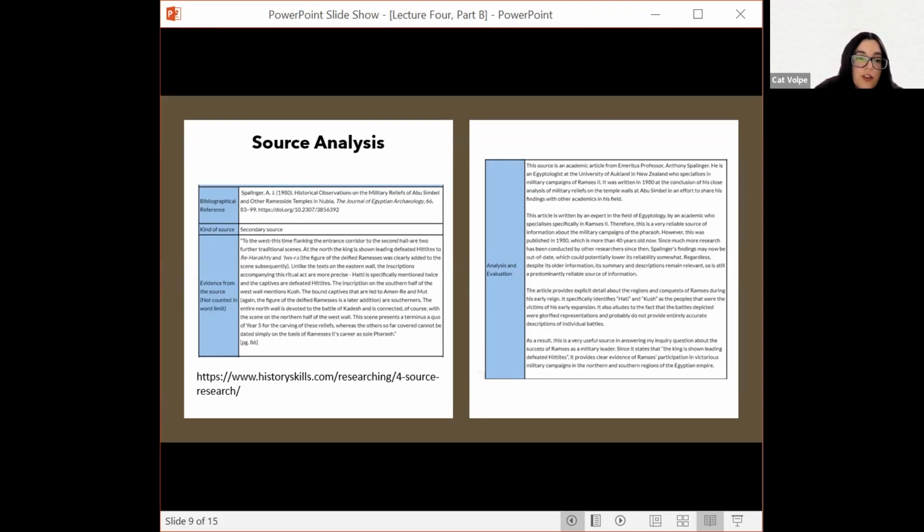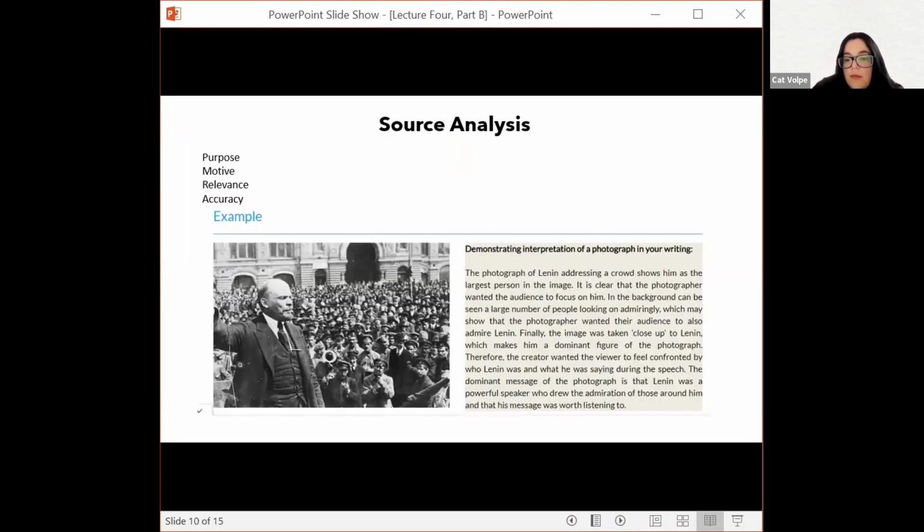Students could probably say the potential for it to be accurate is quite high because it's written by a professor who is trained in this area and in this topic. So this is something that students need to be doing, is actually asking a lot of questions about a source. And this is what they're doing from early stage 1 as well.